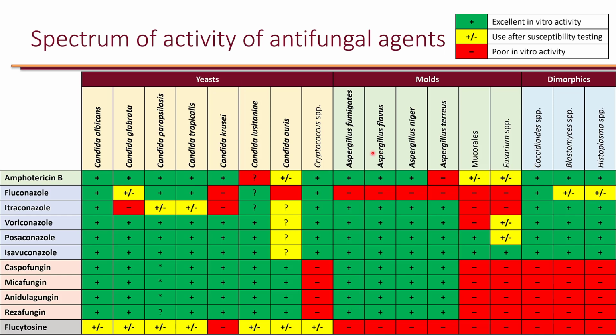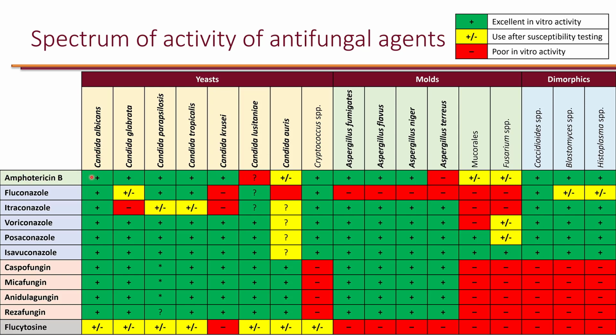Now, lastly, let's take a look at the spectrum of activity of these agents. So it's good to think of yeasts and then molds and then dimorphics. When it comes to yeast, these are the significant Candida species that cause clinically important fungal infections. And there's also cryptococcus.